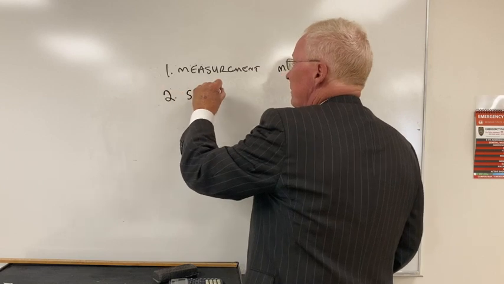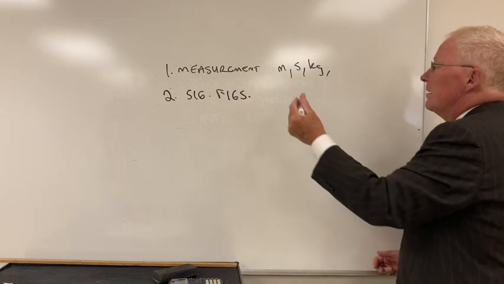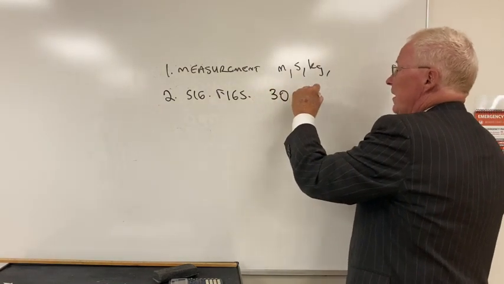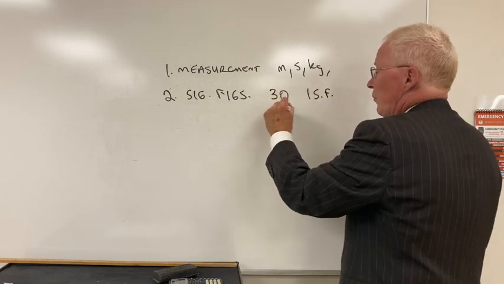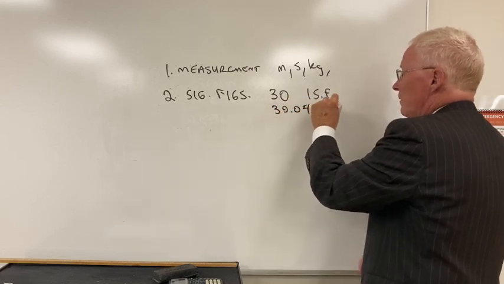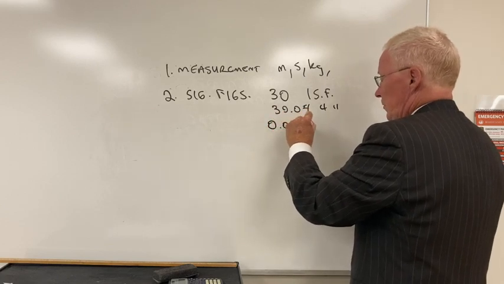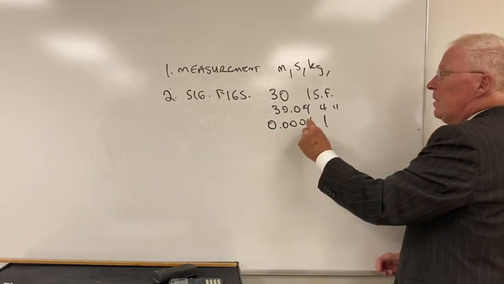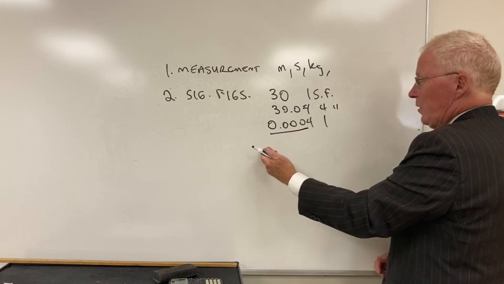Significant figures, such as, if you look at the lecture, the number 30 has one significant figure, the number 30.04 has 1, 2, 3, 4, and the number 0.0004 has 1, because in a number less than 1, leading zeros don't count.